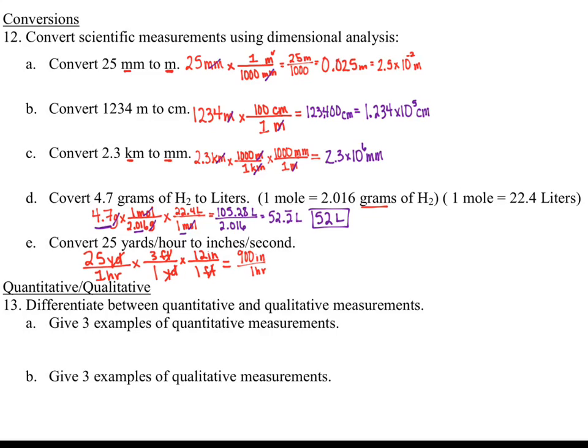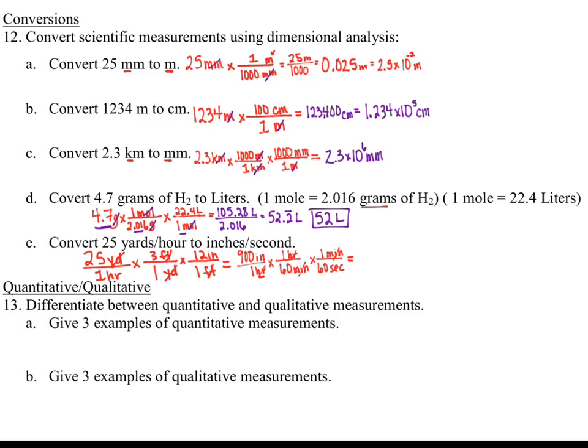But we don't want hours. We want seconds. So now we have to get rid of hours. In order for us to get rid of this denominator, we have to put it in the numerator. We don't know how many seconds are in an hour, but what we do know is that we have 60 minutes in an hour. So 1 hour is equal to 60 minutes. My hours cancel out. And I do know that 1 minute is equal to 60 seconds. So now my minutes are able to cancel out. And I know how to set it up because, again, I'm allowing my units to guide me.